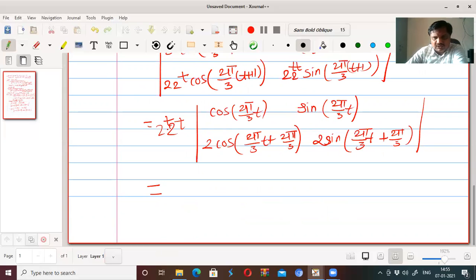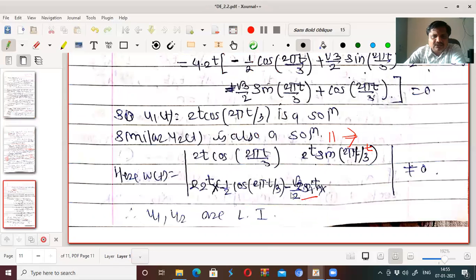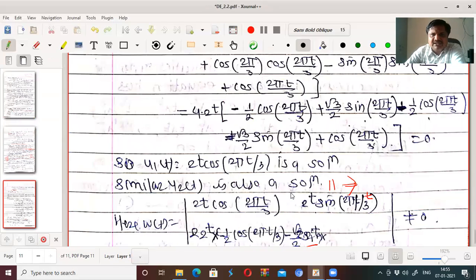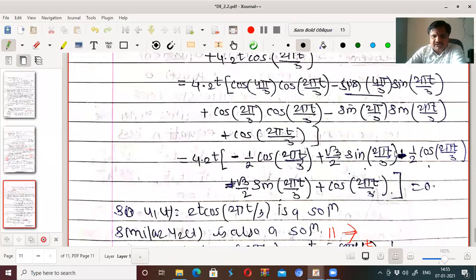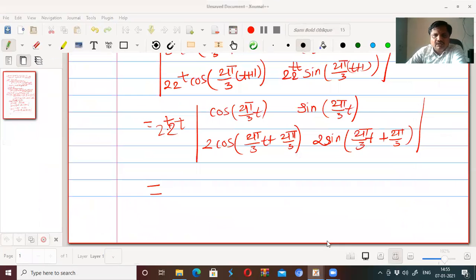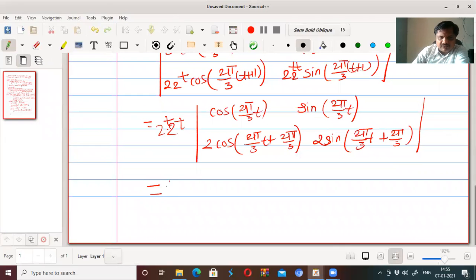Are these two there? Yes, 2 to the power t cos 2 pi by 3 and 2 to the power t sine 2 pi by 3. Okay. Now this is equal to, I will write 4 to the power t into determinant.